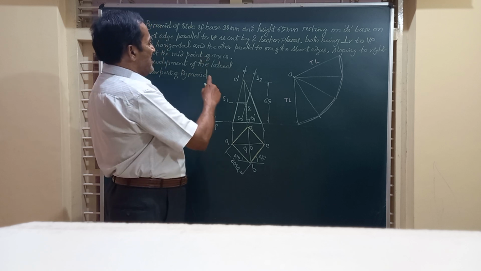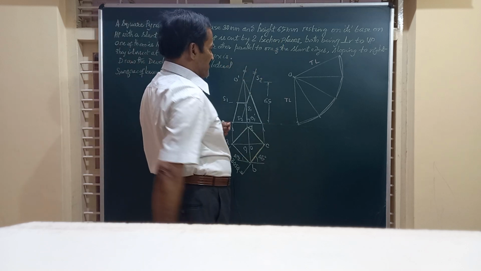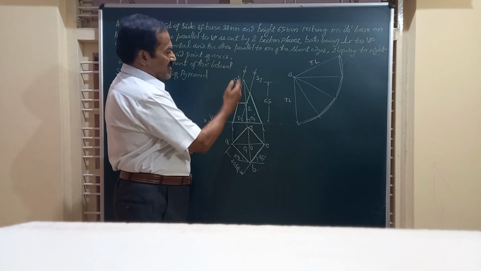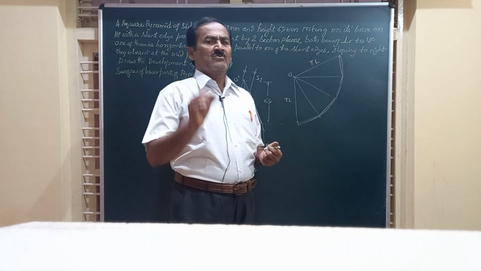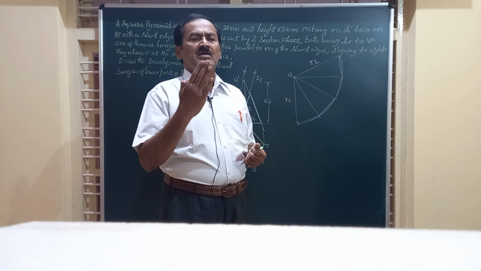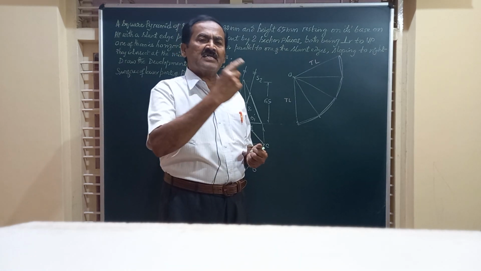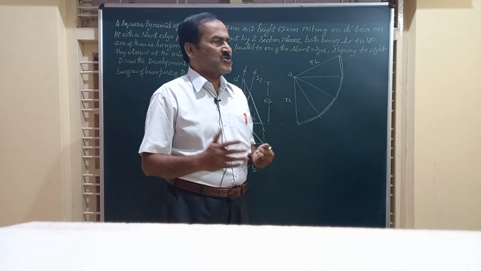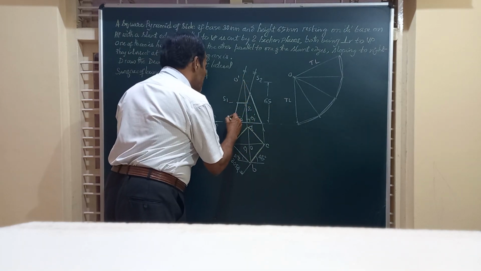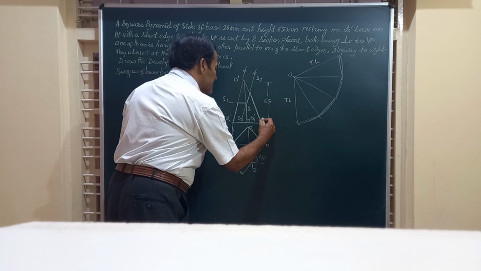Now it is cut by two section planes, not one, two section planes, both being perpendicular to VP. Friends, whenever a section plane is perpendicular to VP, it is always seen as a line in the front view. So this solid in this position is being cut by two section planes.